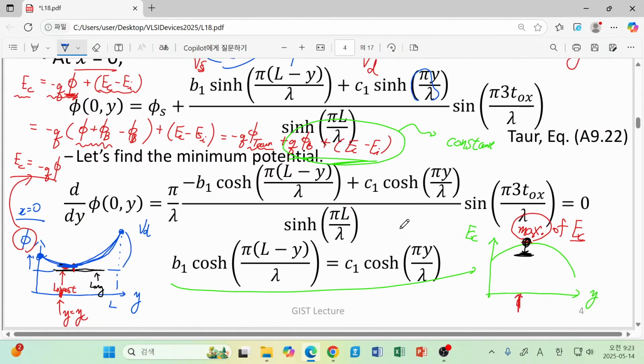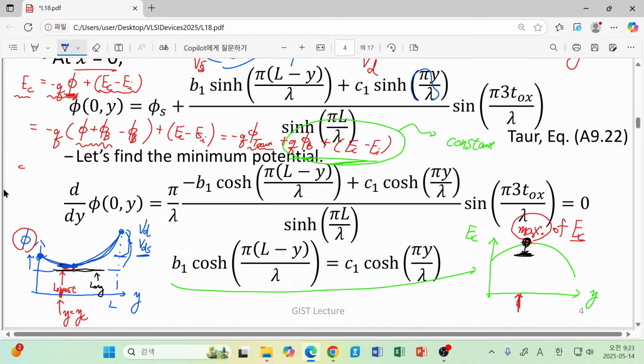So I just drew it here. As you can see here, in this case, I assume a relatively higher drain to source voltage bias.